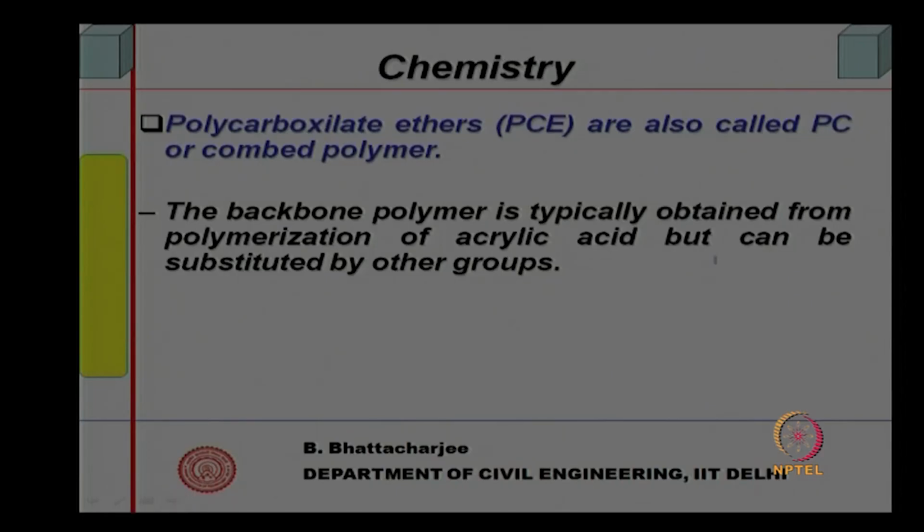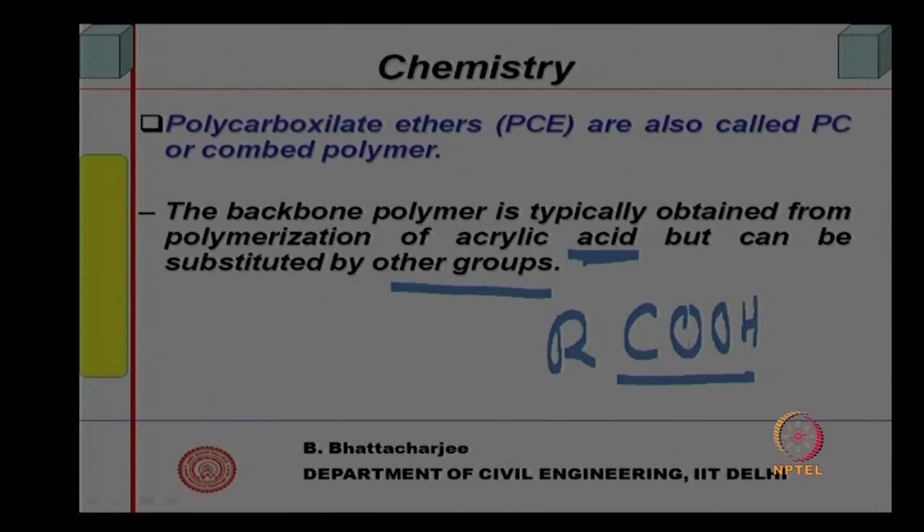The backbone polymer is typically obtained from polymerization of acrylic acid, but can be substituted by other group. So, essentially carboxylic acid, carboxylates are obtained from carboxylic acids, which has got structure like this. So, typically they are obtained from acrylic acid, but you can substitute other groups.